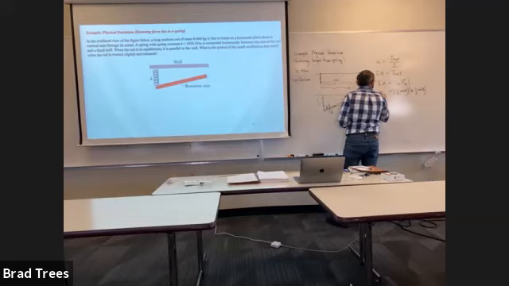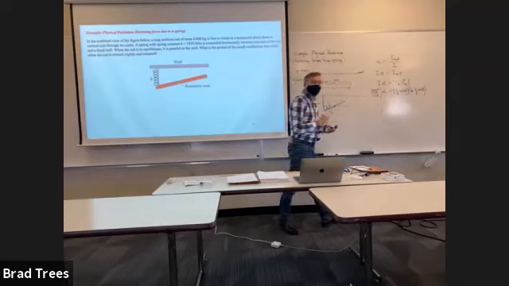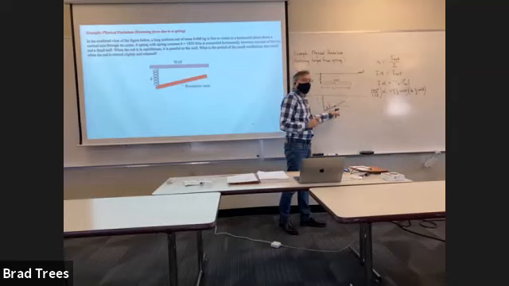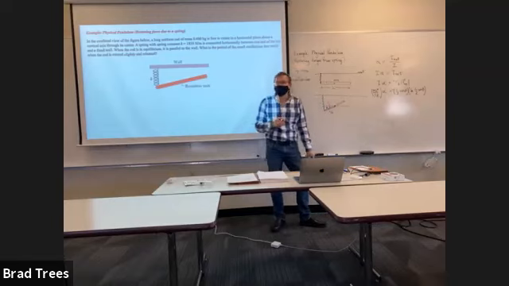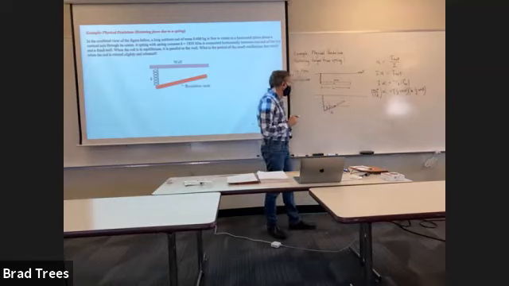And that must equal I alpha. The I, by the way, is ML squared over 12. Where'd I get that? Look up that table in chapter 10, rotational inertia for a uniform rod with the axis through the center. ML squared over 12.